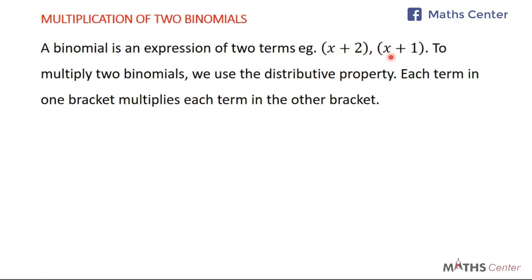Then in this example we have x plus 1. So x is a term and 1 is also a term. So here you have two terms, an expression of two terms. So x plus 2 is a binomial and x plus 1 is a binomial, an expression of two terms.